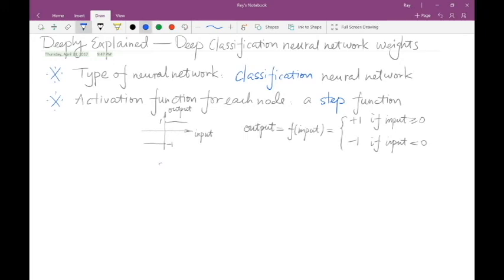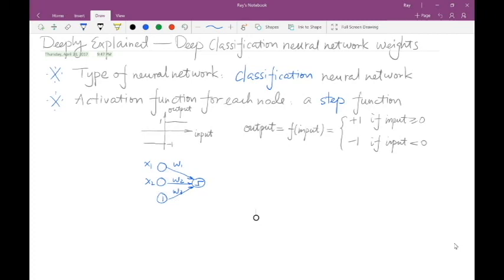I draw it here. The input is an item with two attributes, x1 and x2, and the output should be the item's class, which is represented by either a positive one or a negative one.